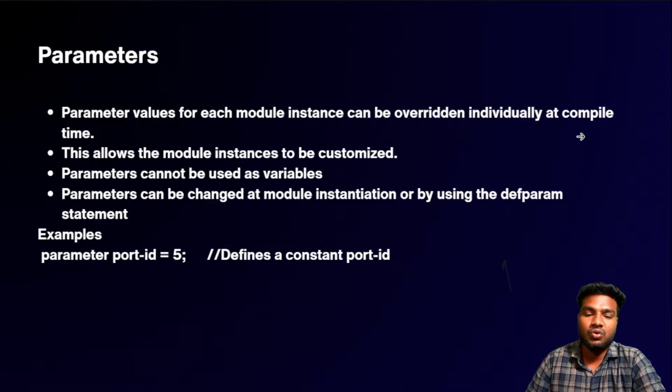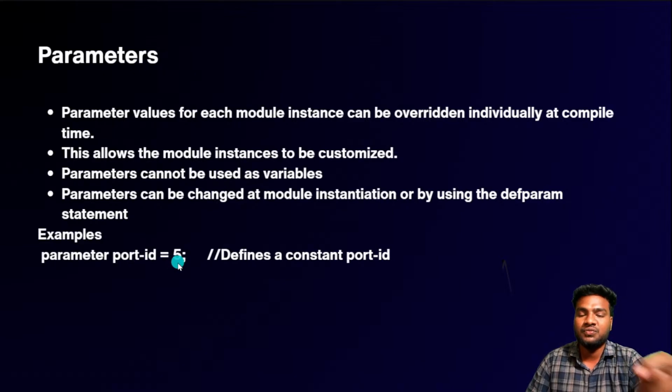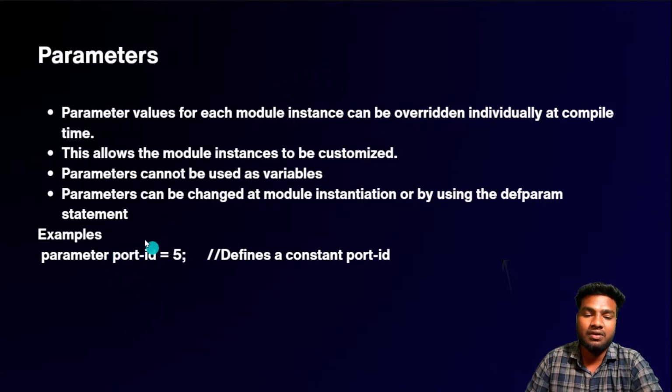For this condition you can use a parameter. The syntax is parameter name, and then some value. Instead of using 5, you can use a parameter name, and that name has the value 5. If I assign the parameter name equal to 5, that name has 5.